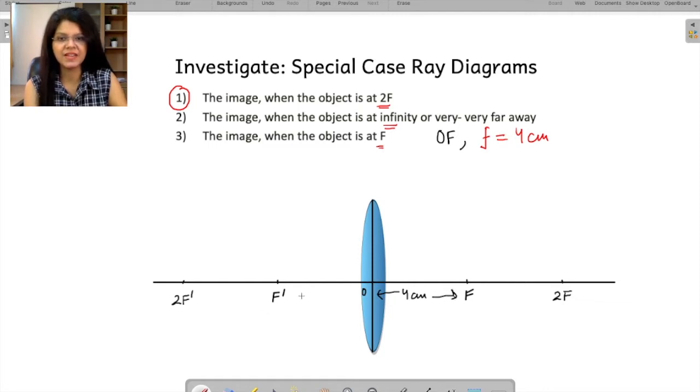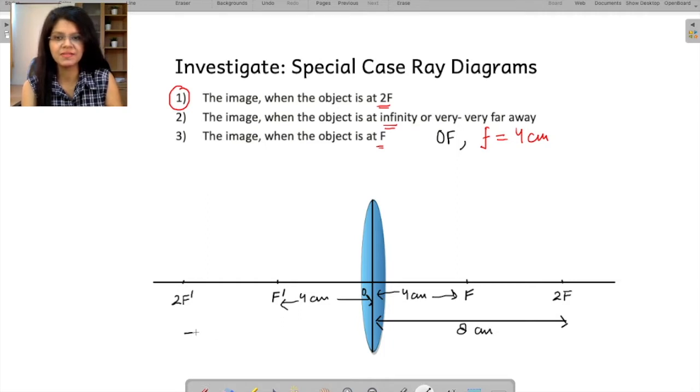Mark our F prime as well, 4 centimeters on the other side of the lens, because the other focus would also be at 4 centimeters. Complete your working. So what would be the distance of 2F? 2F would be at 8 centimeters. This will be your 8 centimeters. So mark all these points and get your base ready to start with the construction work.